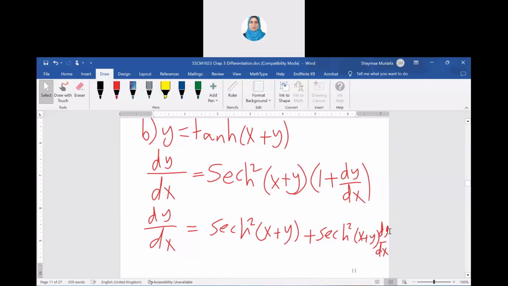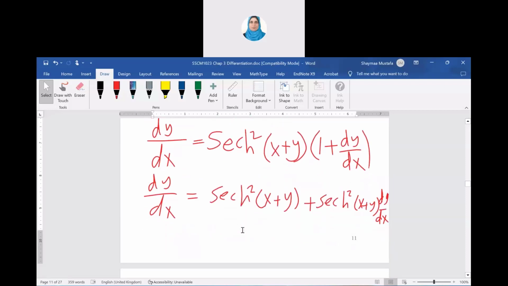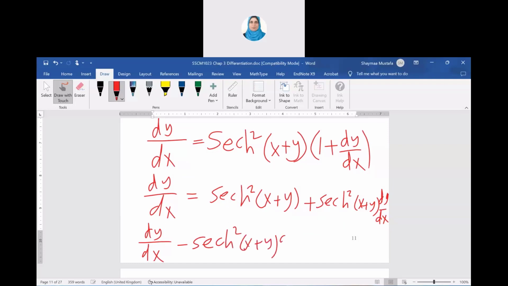So here I have two terms with dy over dx, one term without dy over dx. So dy over dx minus sec square x plus y dy over dx equal to sec square x plus y.